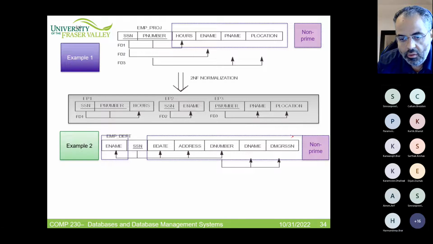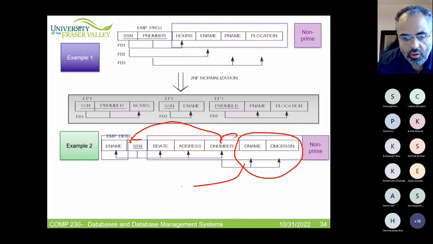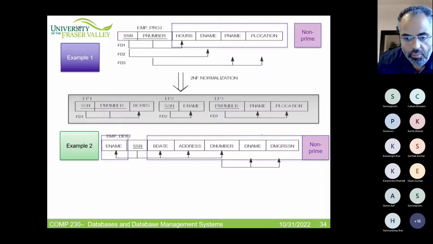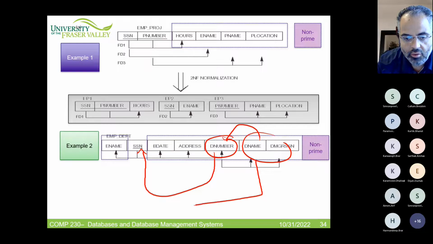What happened here is that these two attributes are related to D number, and D number is related to this, so they are transitively related to this. So X gives Y, Y gives Z, then X gives Z. So this is related to this, and this related to this, then this is now transitively, indirectly related to this.